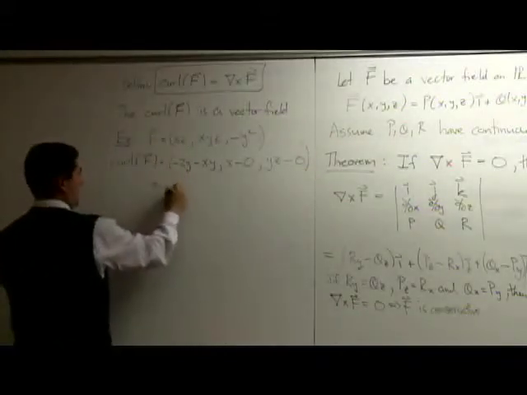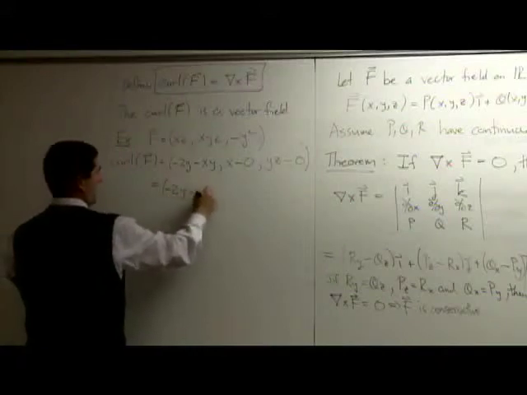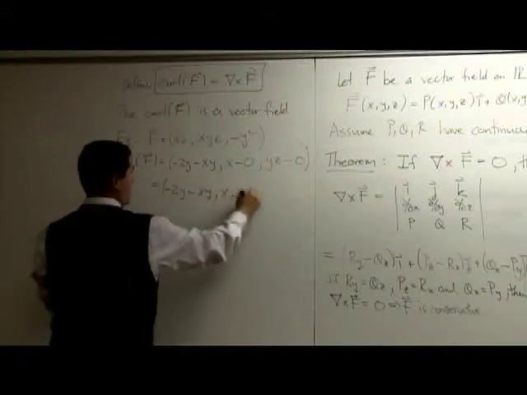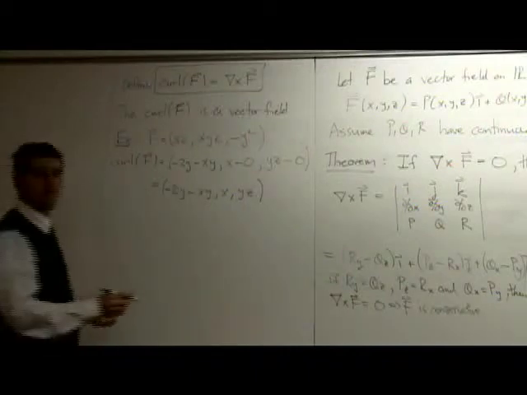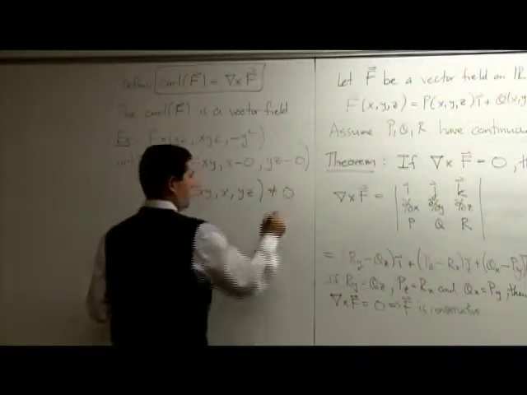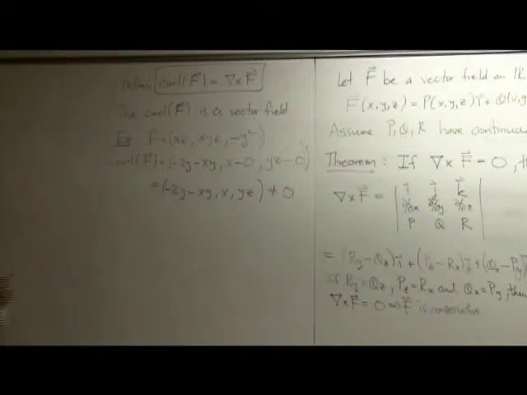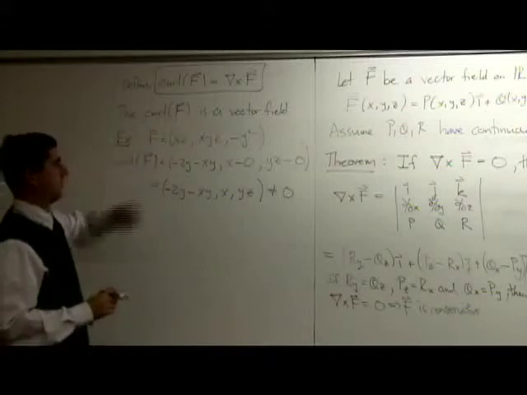So this equals minus 2y minus xy, comma x, comma yz. And this is not 0. Okay. So we have some more evidence to suggest that we can't possibly see this as a conservative vector field.